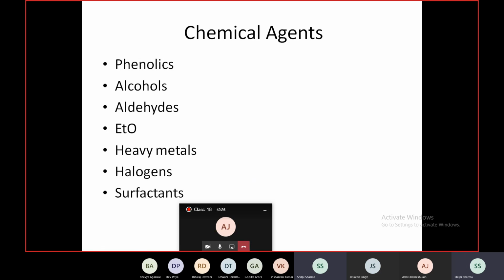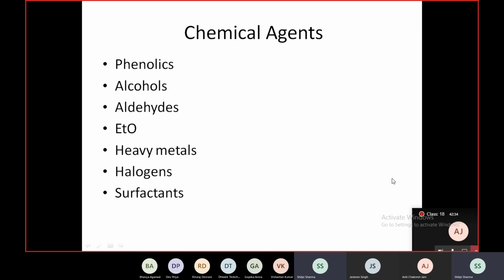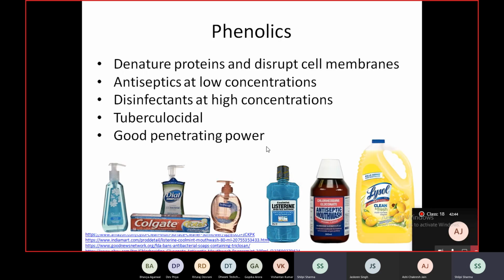Now there are different types of chemicals that have been used in controlling microorganisms, and in one way or the other you have come across almost each of these agents. We'll take examples of each. We will start with the one which is the oldest.